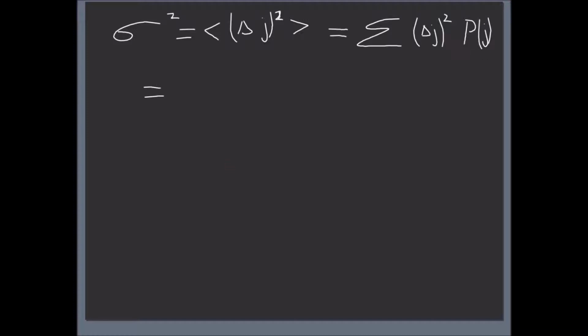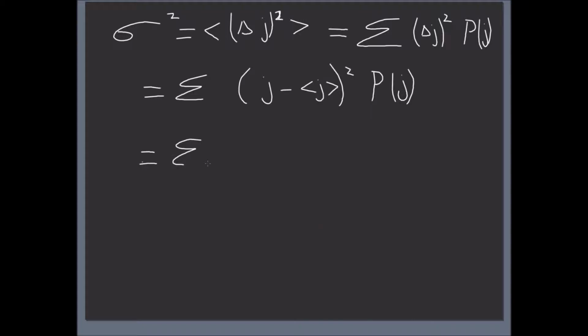Which is equal to the sum of j minus expectation value of j, squared, p of j, and this is equal to, let's square this piece here.